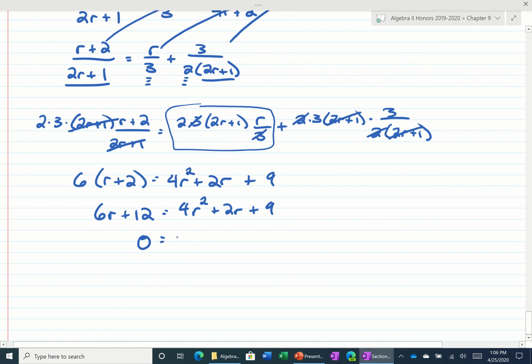And we'd get 0 is equal to 4r squared minus 4r minus 3. So factors of -12 that add up to be -4 would be -6 and +2.